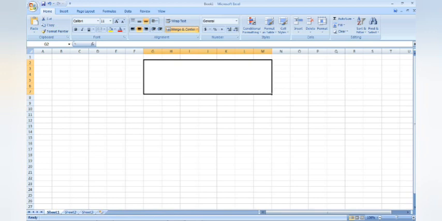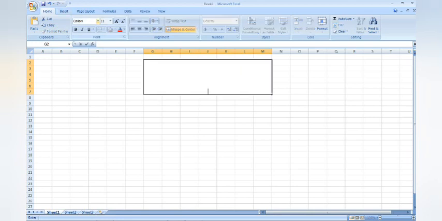Today we will continue from a previous lesson. In our last video we talked about the COUNTIF function. So today in our lesson we'll be doing some other formulas.